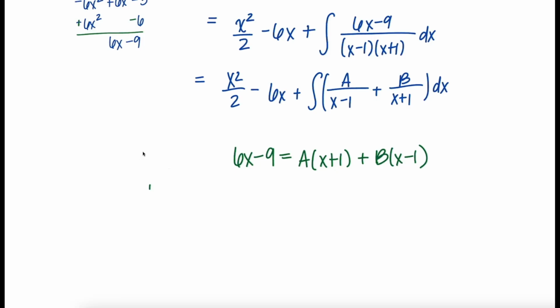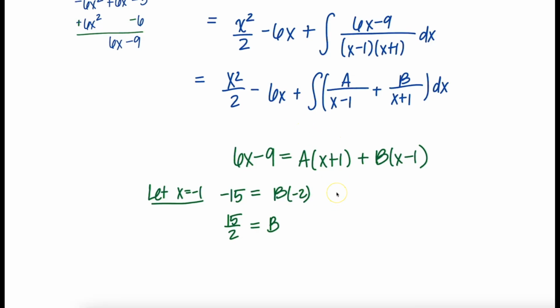So if I let x equal -1, we'll have -6 minus 9. So we have -15 is equal to b times -2. So -1 minus 1, this part zeroes out. Divide by -2, I get 15 over 2 is equal to b.